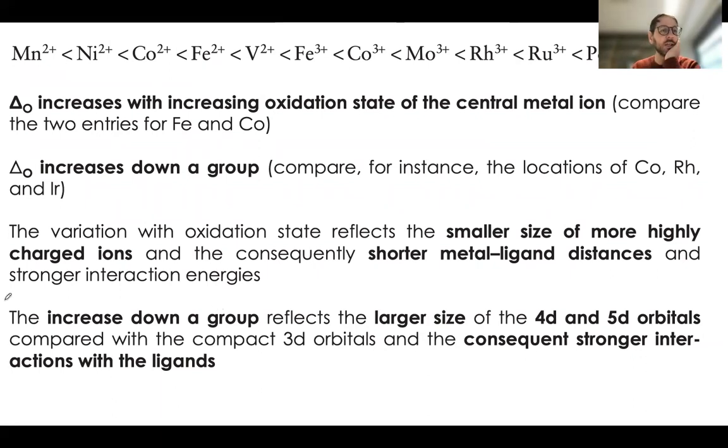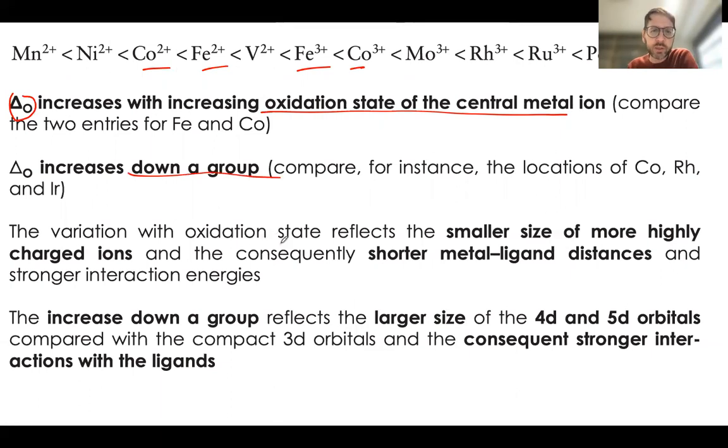And then we can see that the ligand field splitting for, in this case, octahedral complexes increases when we increase the oxidation state of the metal atom, comparing here, for example, right? And also increases when we move down a group.